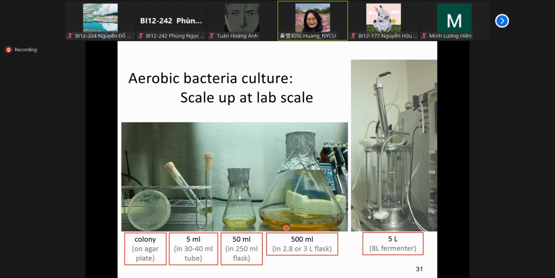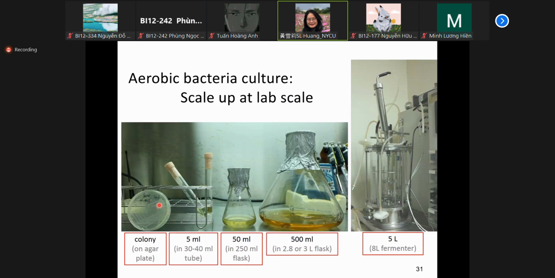In this slide, I'm using a photo to demonstrate how we do the scale up at laboratory scale. For example, this is the colony that I already described. It was streaked on a plate using the four-phase streaking method in order to get single colonies from the agar plate.